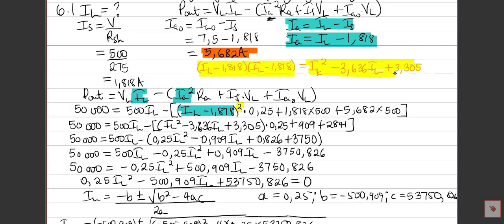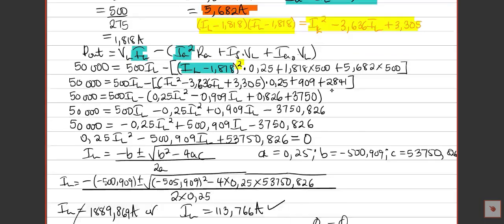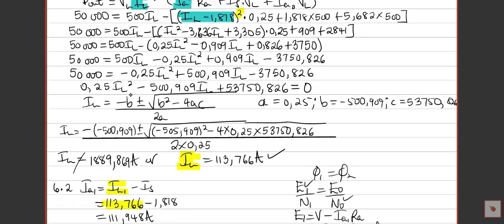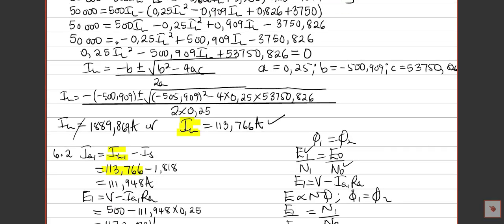And unfortunately, because you would have maybe got the first question wrong, then you're likely to get 6.2 wrong, because the same IL value we found in 6.1 is the same value we use around there. So I hope it makes sense, and yeah.